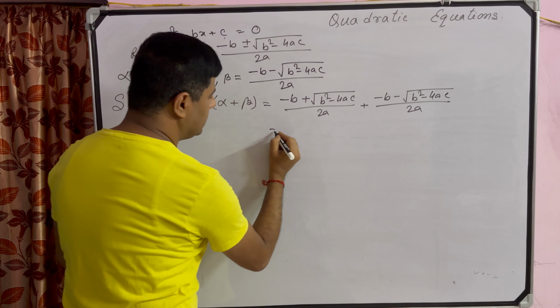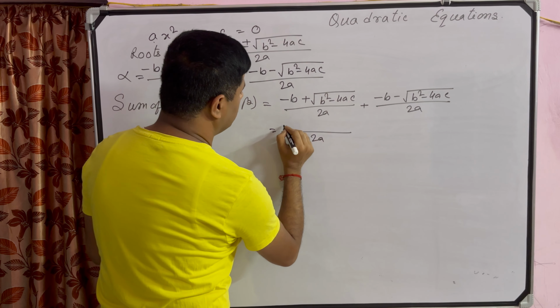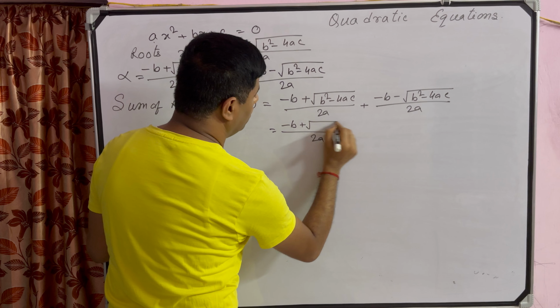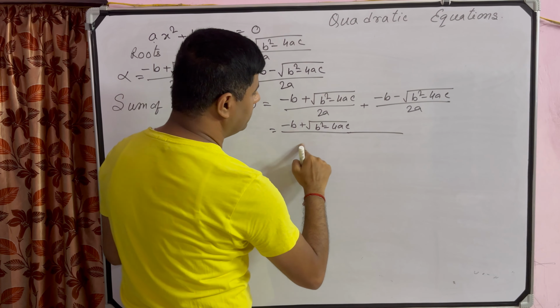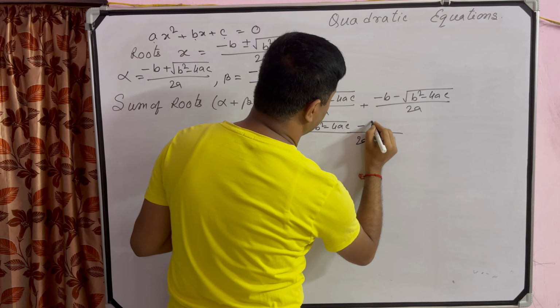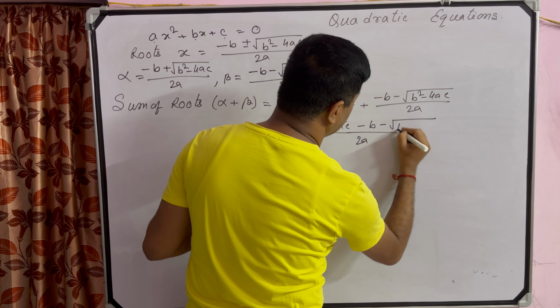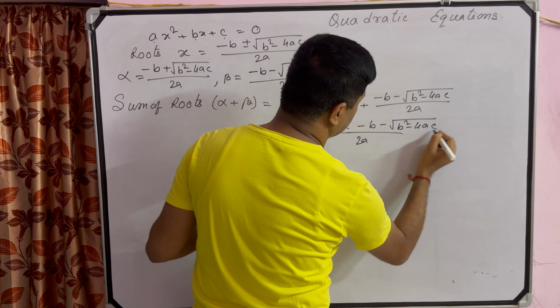So 2a can be taken as LCM. So it will be minus b plus root over b square minus 4ac, and this will be minus b minus root over b square minus 4ac.